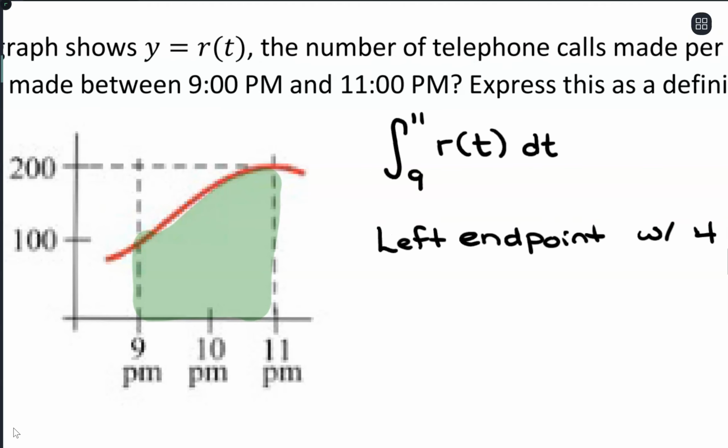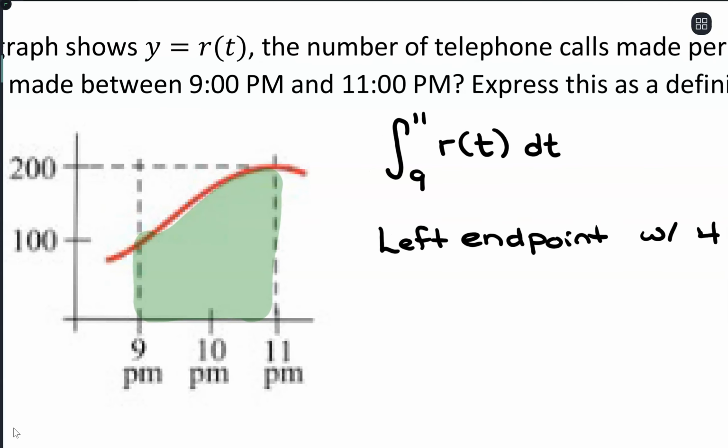I'll have a rectangle here at 9 p.m. with that left endpoint being the height. I'm going to grab 9:30 as well, 10 o'clock, 10:30. The output at 9 p.m. is going to set the height there.